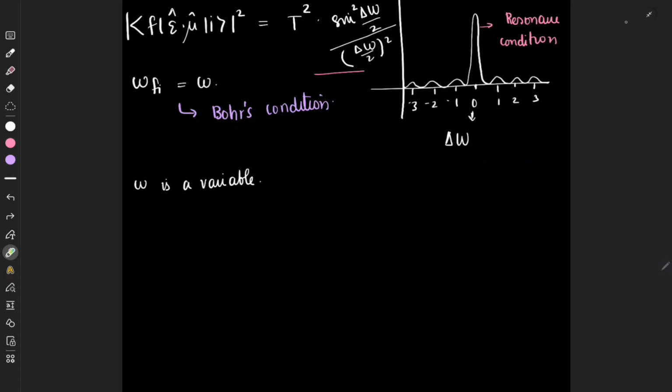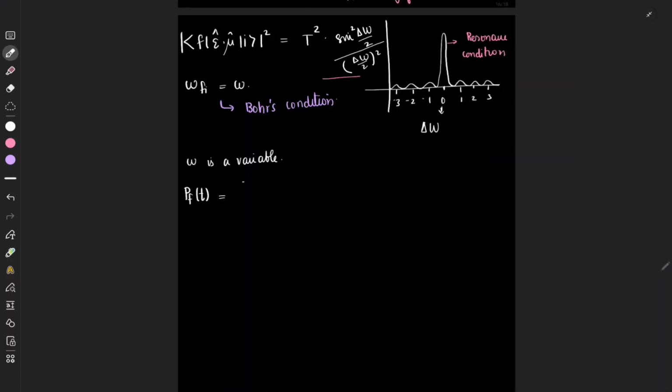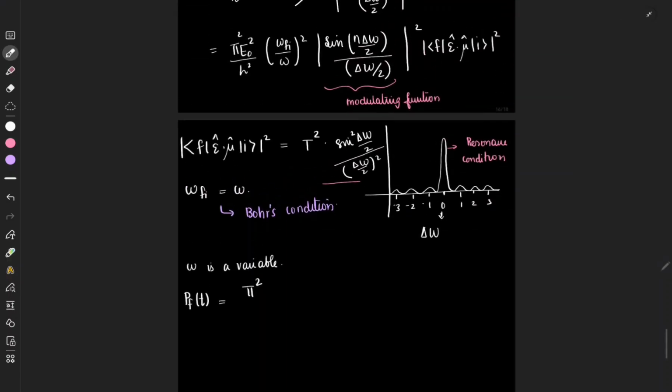Okay, so P of t becomes pi square e naught square by h square omega fi divided by omega the whole square, sine square del omega by 2 whole divided by del omega by 2 the whole square, and then this one.